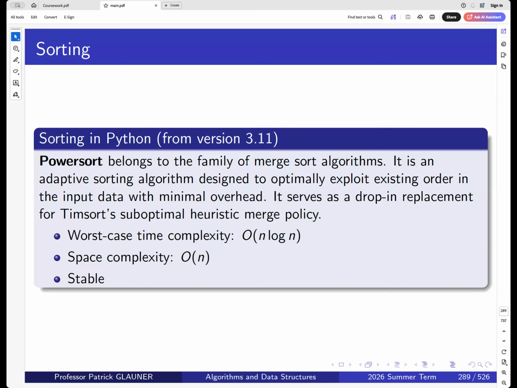And it also belongs to the family of merge sort algorithms. And it's a so-called adaptive sorting algorithm designed to optimally exploit existing order in the input data with minimal overhead. So that's something that our bubble sort, as we saw it, would already do. But this was somehow integrated into a merge sort. And this one has replaced the Tim sort because the Tim sort had a suboptimal heuristic merge policy.